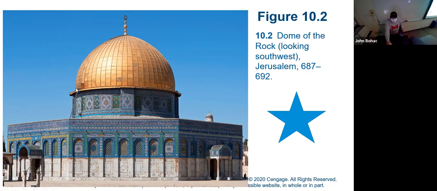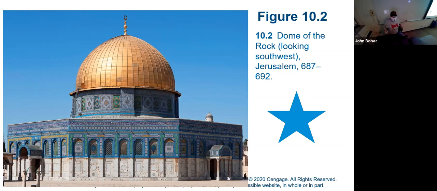Islamic culture is emerging in the Arabian Peninsula and in the Middle East, and then by extension into Spain, across North Africa. But in the Islamic world, learning flourishes. They do all kinds of things in this Arabic culture, in the Islamic culture.